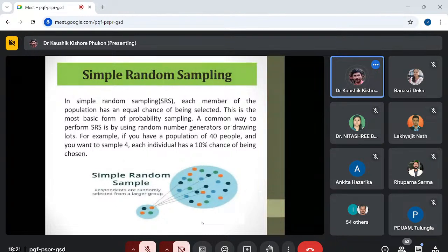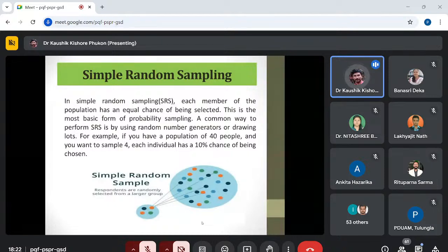So the first type of probability sampling is simple random sampling. As the name suggests, you have a population and you need to select individuals from that population. Here, each member of the population has an equal chance of being selected.